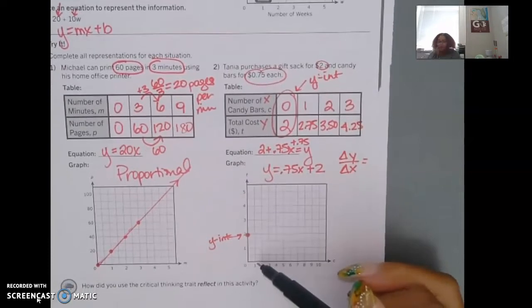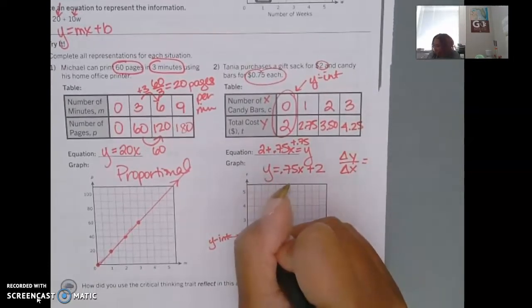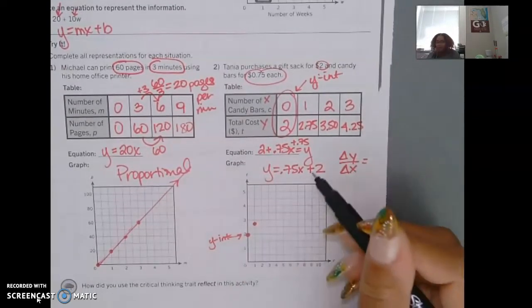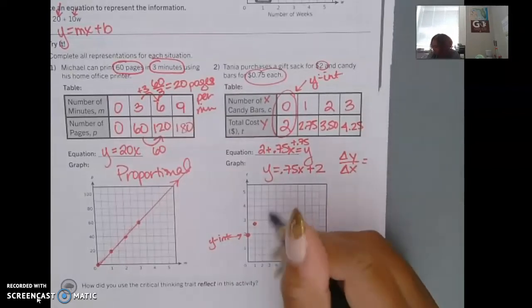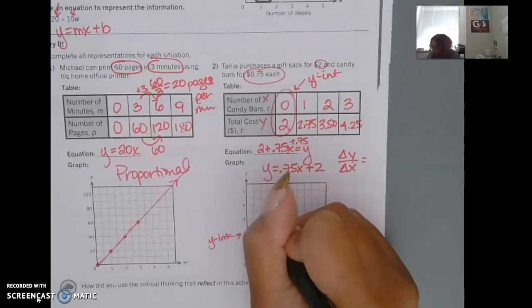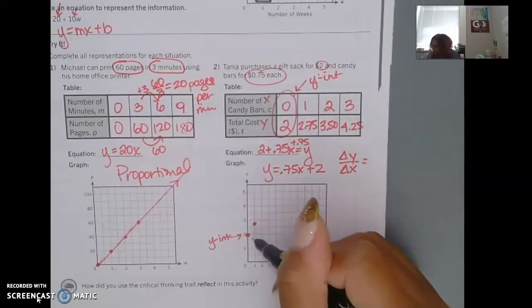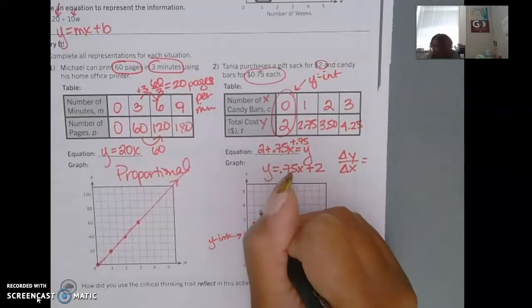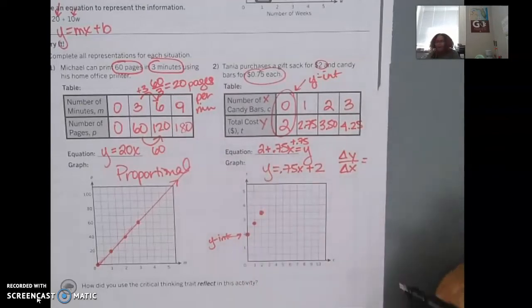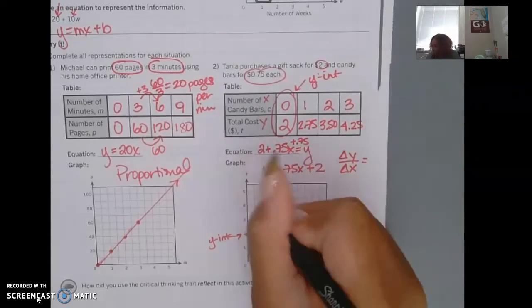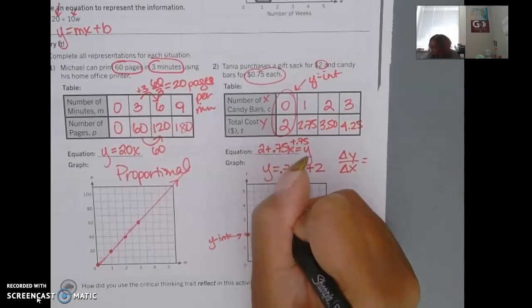So I'm going to run 1, and I'm going to jump 275, which is about right here. I'm going to run 2 and jump 350, which is, yeah, 350 right here. My bad. And then 3 and 425 will be right about here.